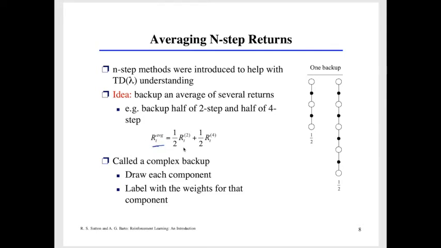So we talk about the average return over some policy, over some period of steps. We can create backups that say, here's a return 2 steps ahead, and here's a return 4 steps ahead, right?